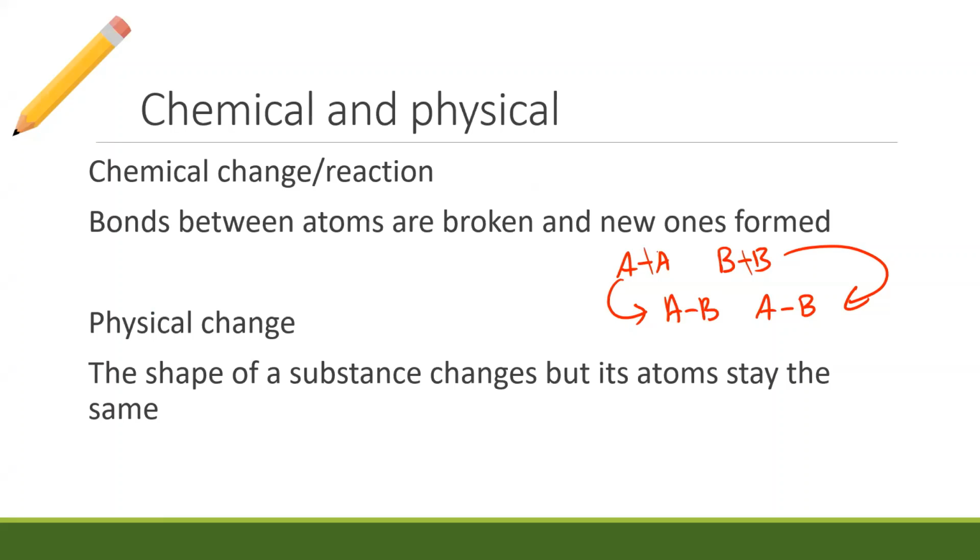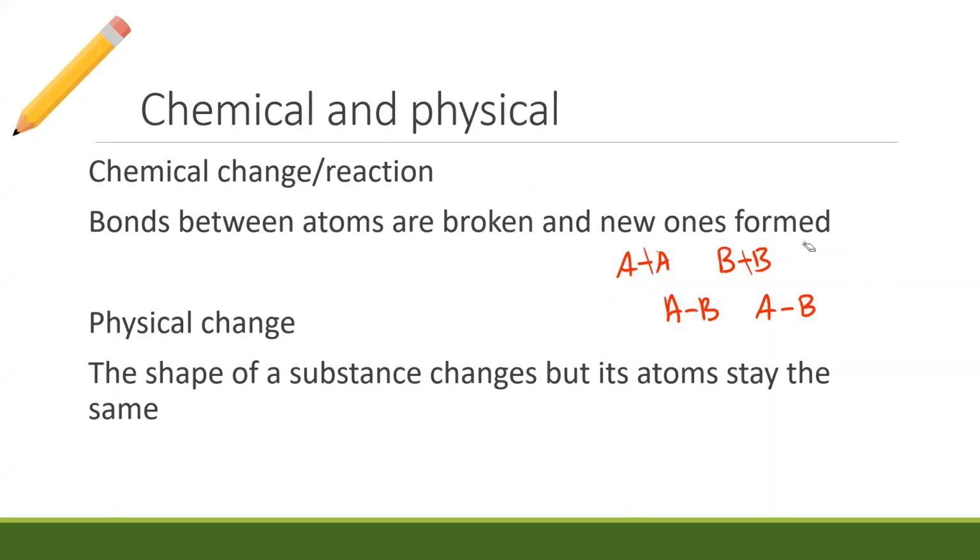I've broken the bonds between the two A's and I've formed new bonds between A and B. These are new. There were no bonds between A and B before, but now there are bonds between A and B. That's how you make a chemical reaction.